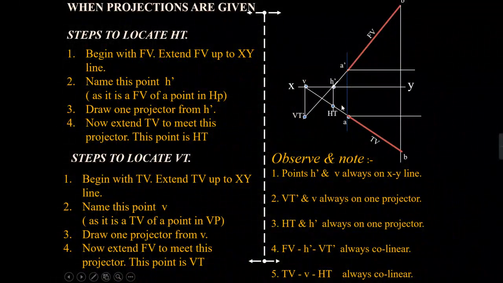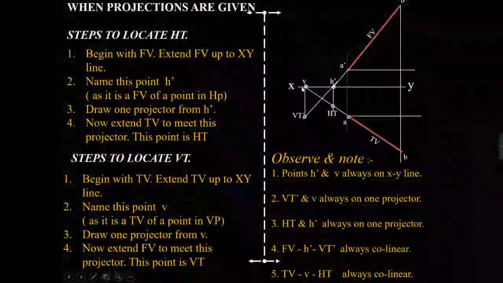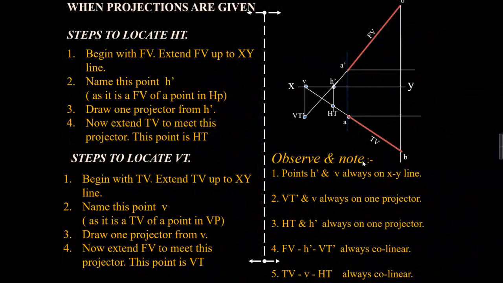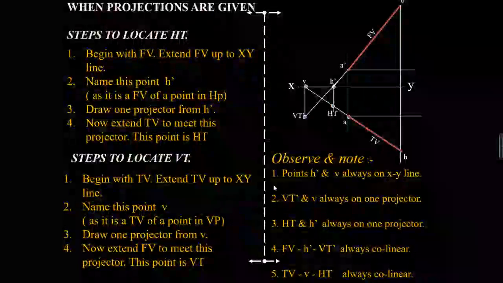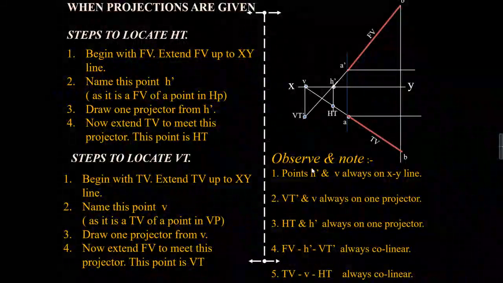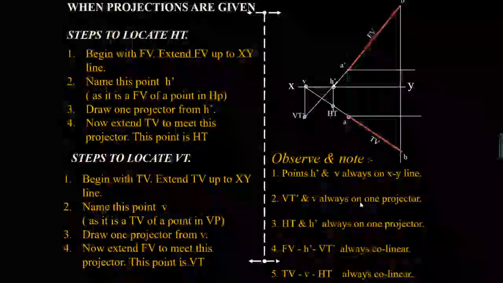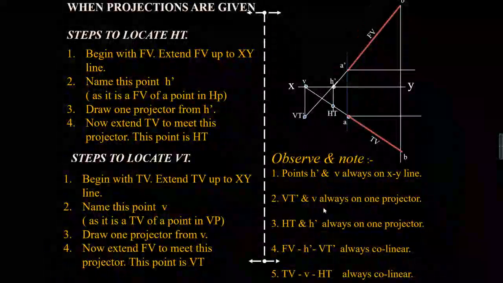Your point V, HT and top view are on the same line. See, these observations you are going to use in solving the problems. Okay, so you have to remember these observations.